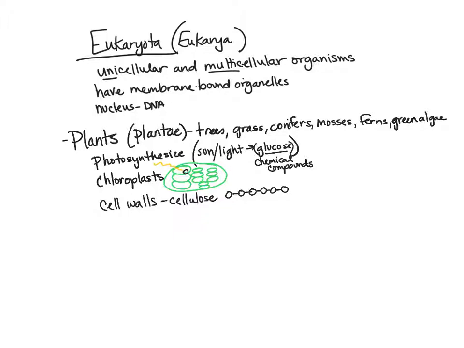The next kingdom within eukarya that we're going to talk about briefly is fungi. Fungi are things like mushrooms, molds, and yeasts. These do not go through photosynthesis.